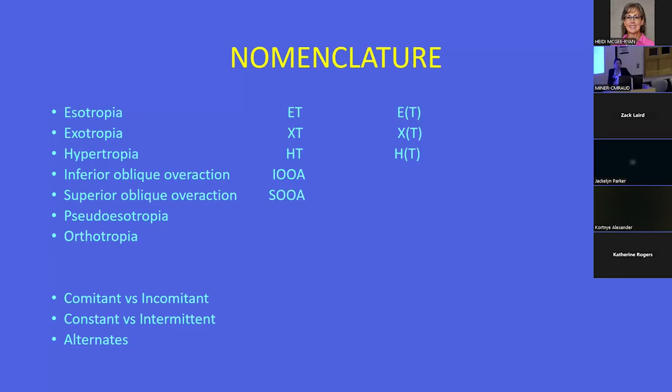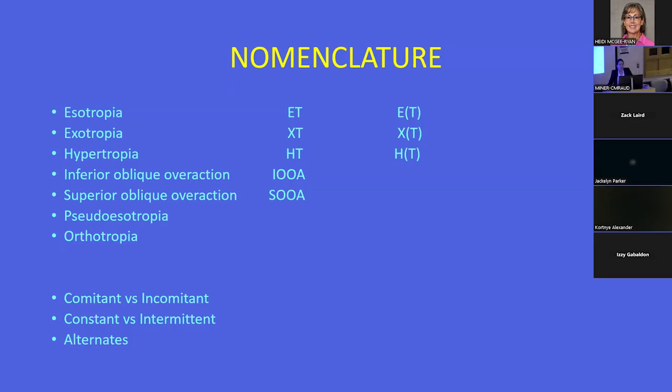A term that we should all be familiar with is orthotropia. Orthotropia means when we're aligned. So basically that's normal. And then you will hear us talk about a comitant versus an incomitant deviation. This means that, and we'll see further along, when we have someone who's drifting, we have to measure that misalignment.